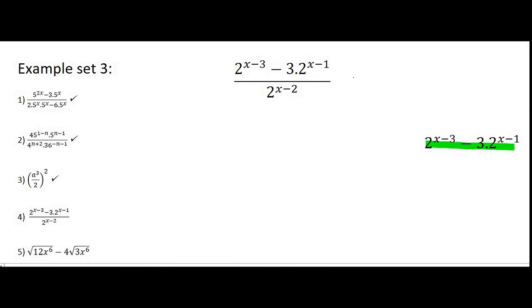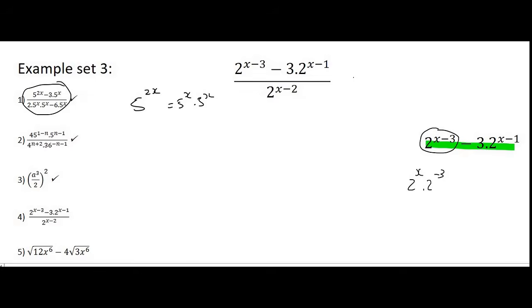So remember in number 1 of this video, so this one over here, when we had 5 to the 2x, we broke that up as far as possible. So we broke it up into 5 to the x and 5 to the x. So this part here can break up into 2 to the power of x times by 2 to the power of minus 3.